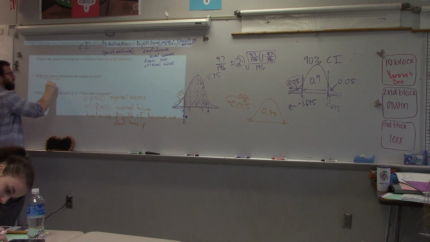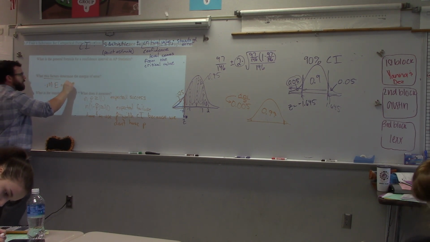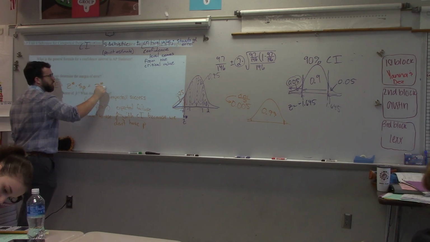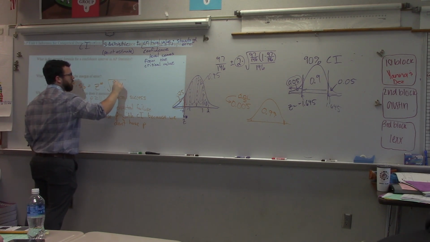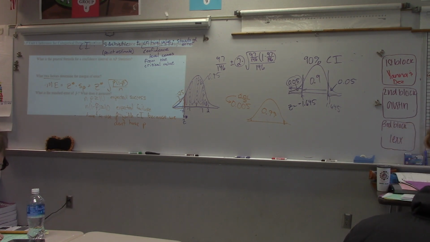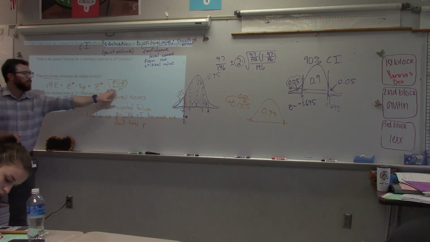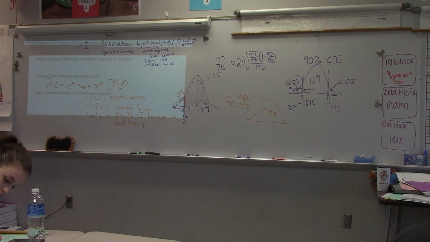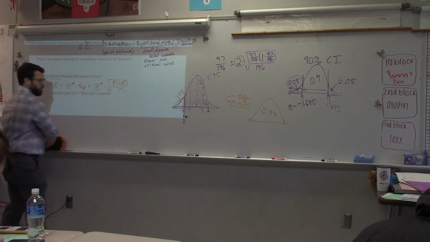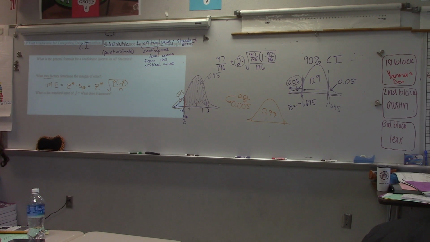My margin of error is my critical value times my standard error. Now, this is only the standard error for proportions. It'll change slightly when we get to means, right? But it is critical value times standard error. So this was the question you had earlier, right?